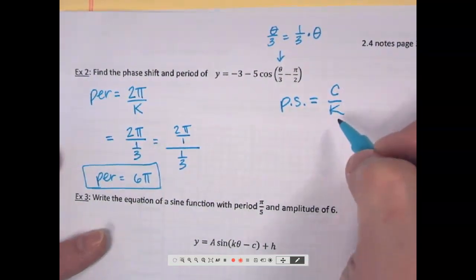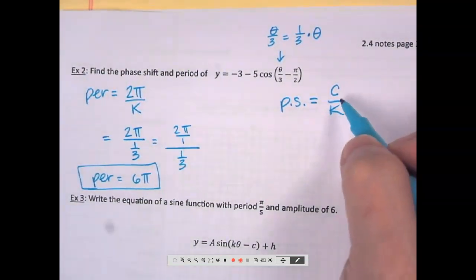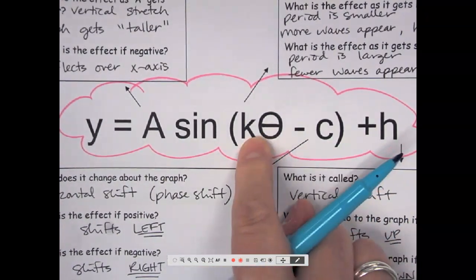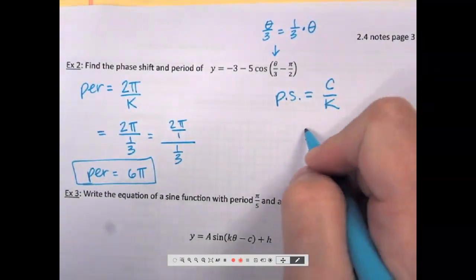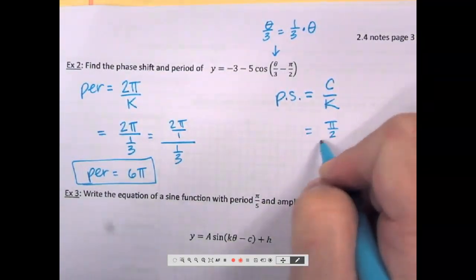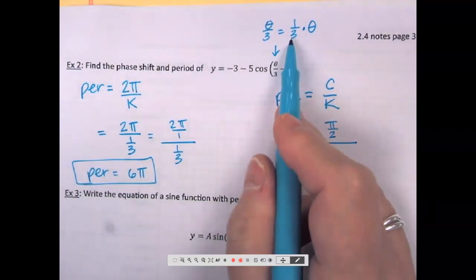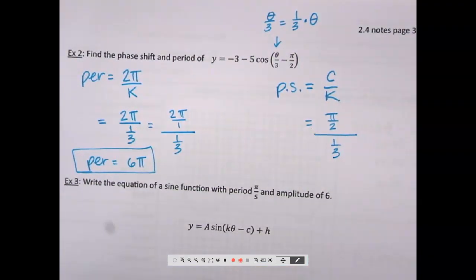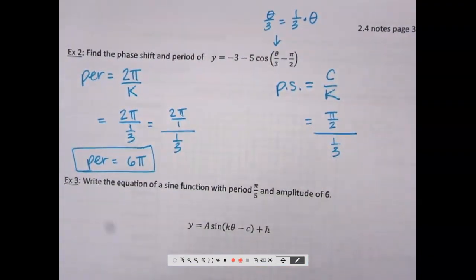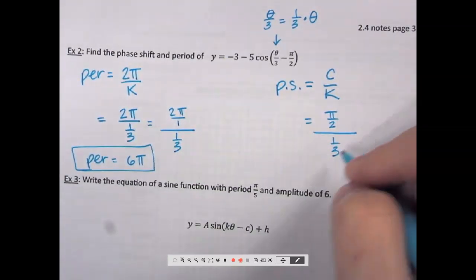Okay, phase shift, that's the left or right, is C over K. C is this number here, K is the number in front of theta. C is pi over 2. K was 1/3. What does that give me? 3 pi over 2.